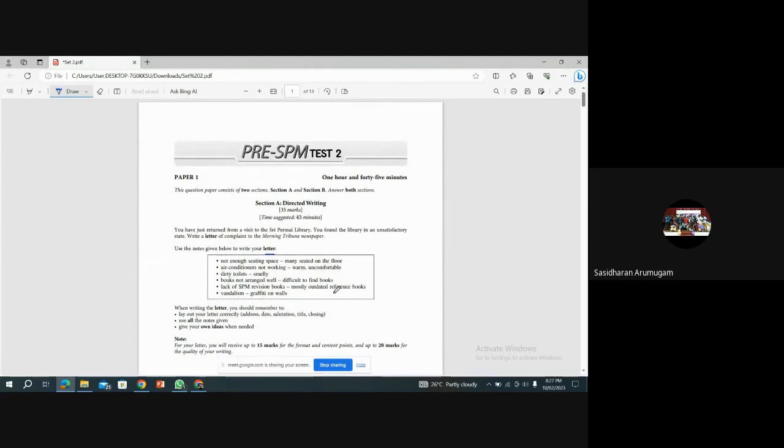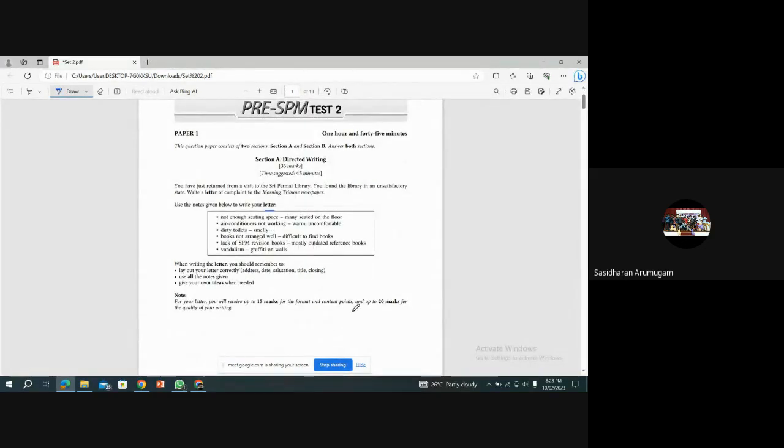If it is a formal letter, your format must begin with the sender's address, then your address, then the title, underlined, your date, greeting, and then start with your idea. That is all calculated as your format points.